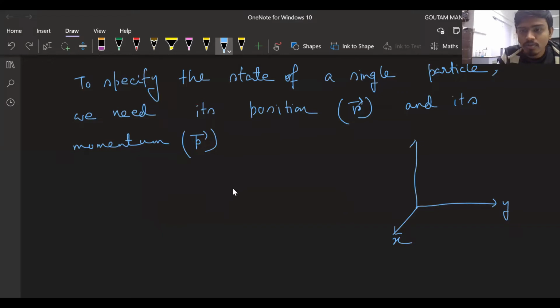So the position, let's say, this is a coordinate system. In this coordinate system, a particle is at point P. Sorry, P is already denoted by momentum.